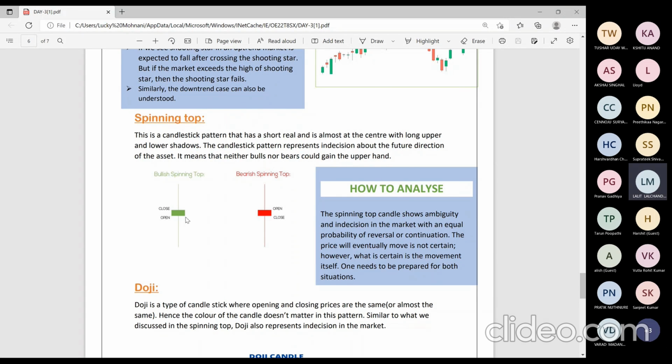That is, bulls and bears have equal probability of control over the market. So we may look at the next day to check what occurs, but there is equal probability that the market may continue its trend or reverse it.